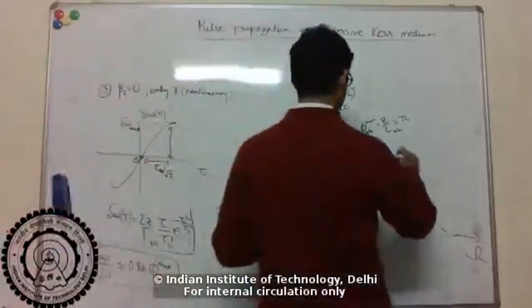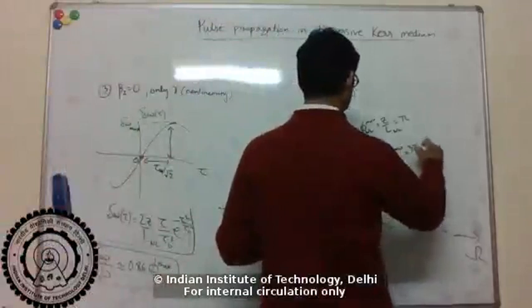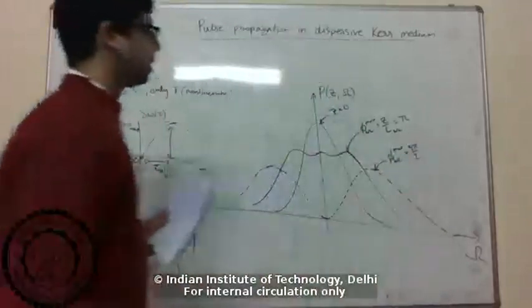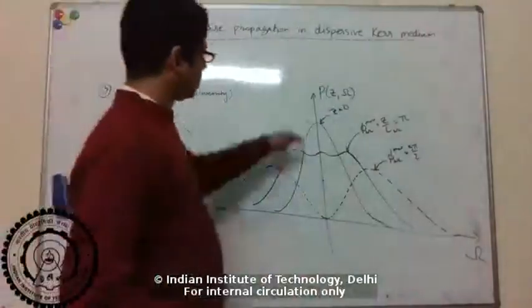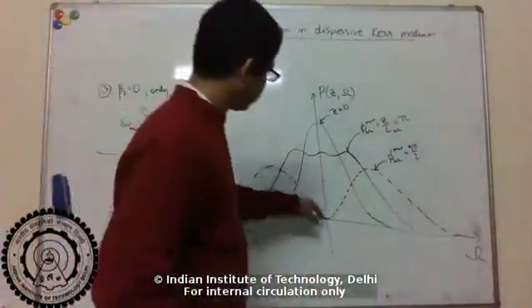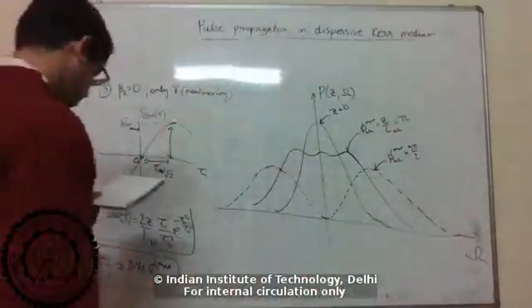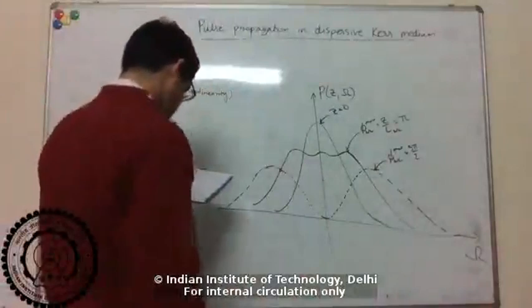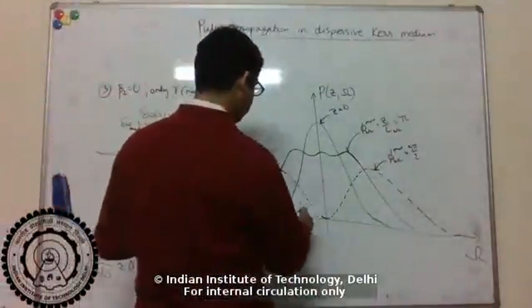This is for a nonlinear phase shift of 3 pi by 2. At the center the power goes to 0, and you start getting these lobes. If you keep going further, then you start getting zeros at other places.